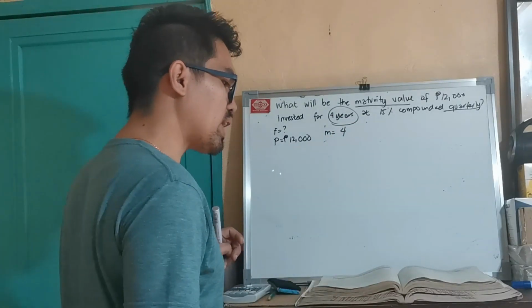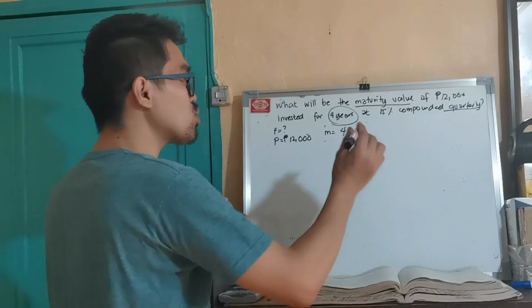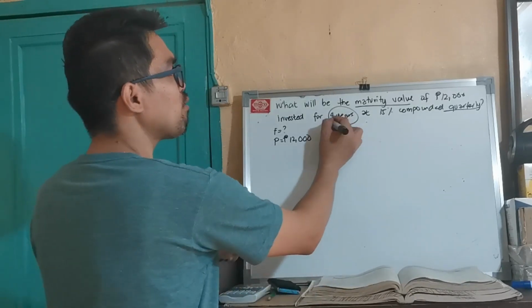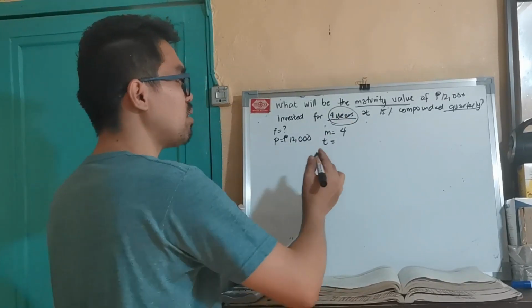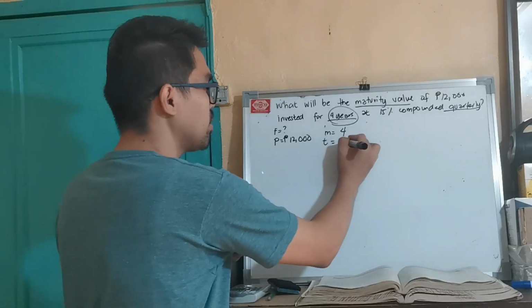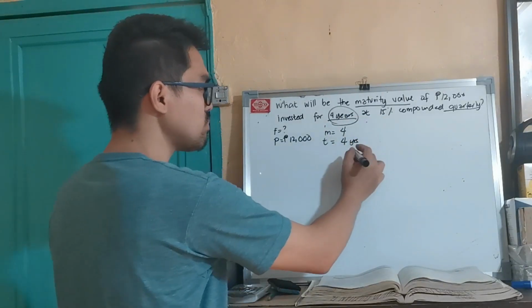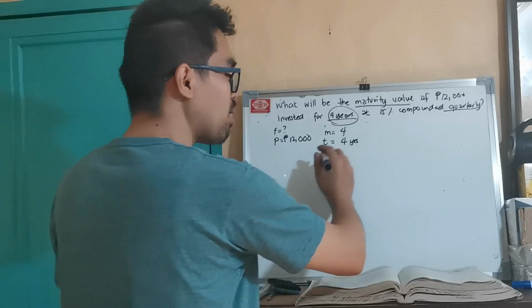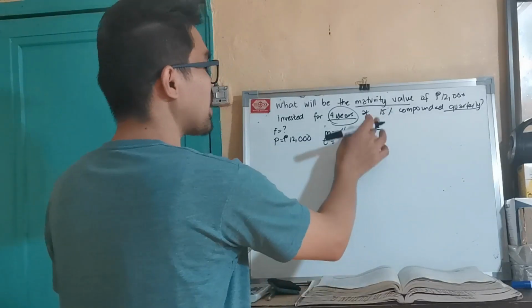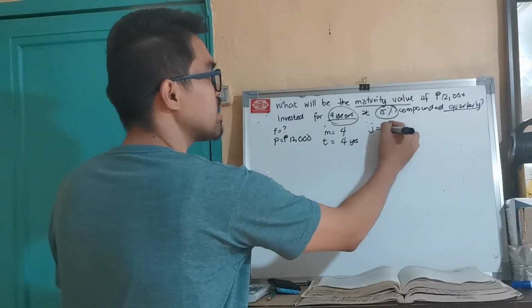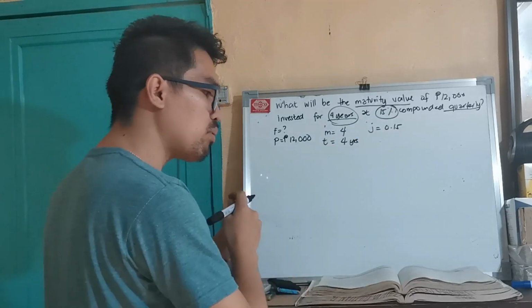And then, what else do we need? We have also our T. T is 4 years. That's the duration of our term. And then next we have our J. The nominal interest rate is 15%, so that is 0.15. And what else do we need?